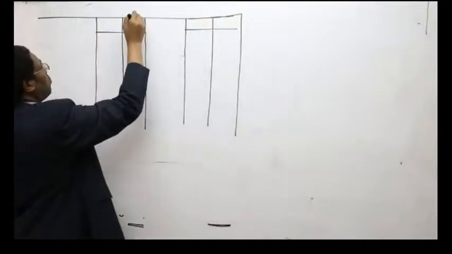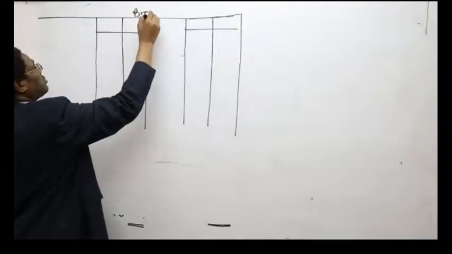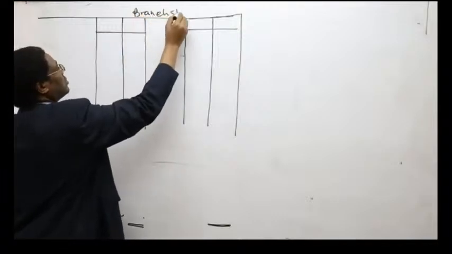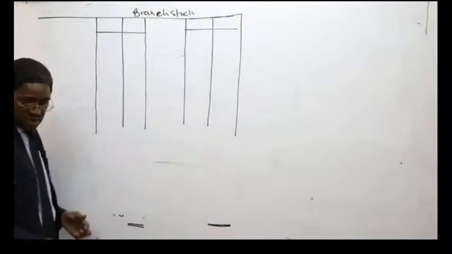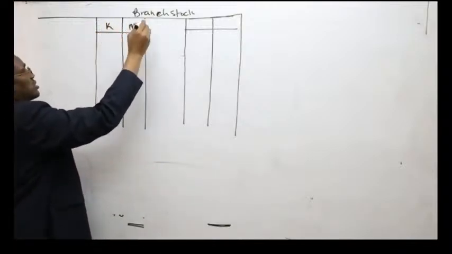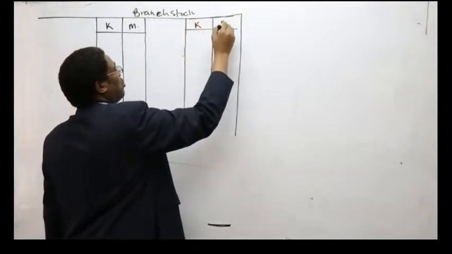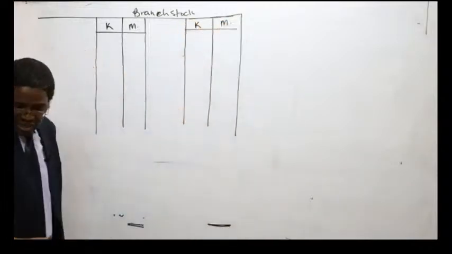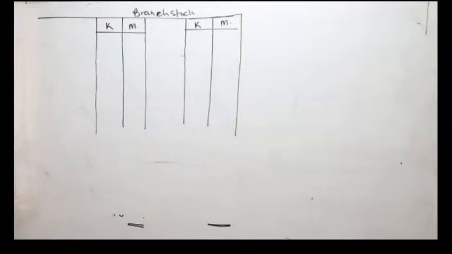So we need to open an account called branch stock. The first branch is Kisumu. The other one is Mombasa. Kisumu, Mombasa.